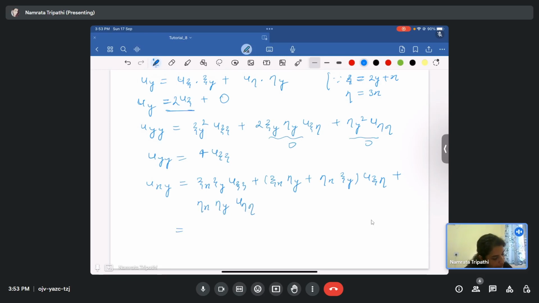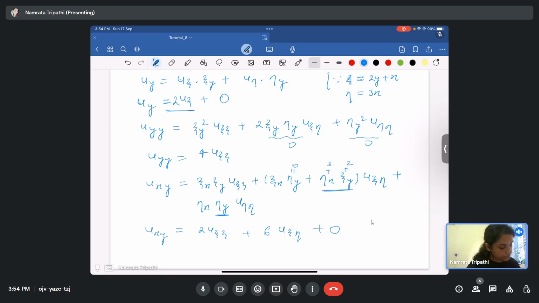So the value of xi x is 1, xi y is 2. So 2u xi. Fine. And eta y is 0. Eta x is 3. Xi y is 2. So from here you will get 6. Because this is 3 and this is 2. And here 0. So you will get the value of uxy.